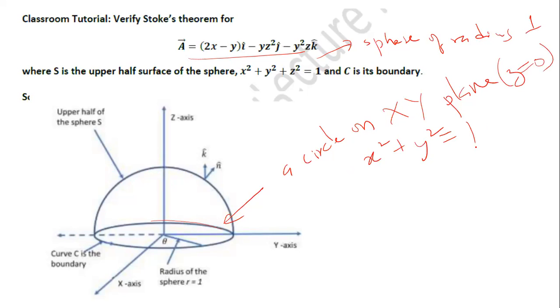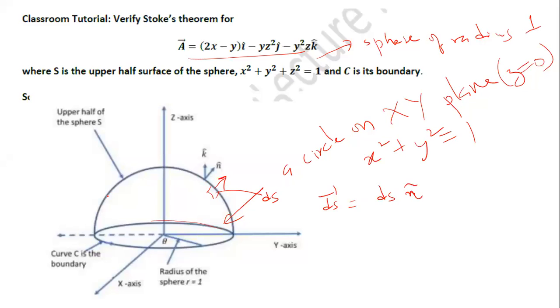All right, so here you find that unit vector k cap is pointing along the z-axis. Whenever we consider a surface element ds over here, the ds vector will be ds times the unit outward vector n cap. A unit outward vector is a vector having unit magnitude pointing away from the surface.